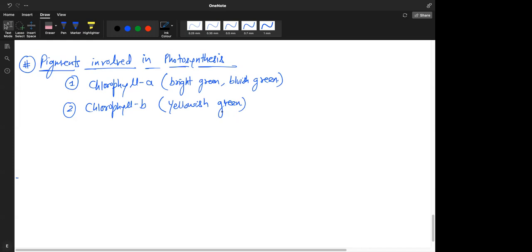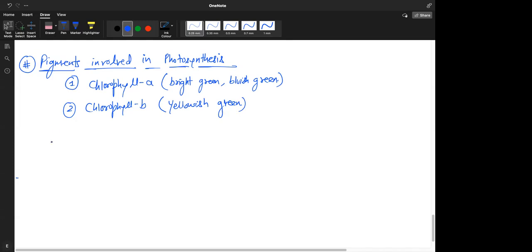And remember, in that experiment done by T.W. Engelmann, which were the two regions where aerobic bacteria were concentrated? The greenish bluish region and the reddish region, right?